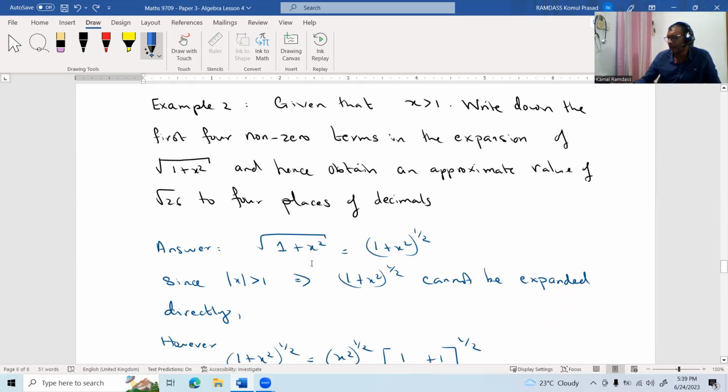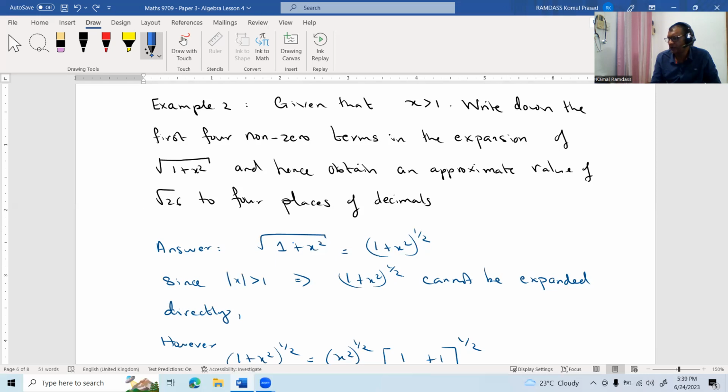We cannot expand directly because |x| is greater than 1. We need to make a form of 1 + something, where this something has modulus less than 1. So I divide by x².